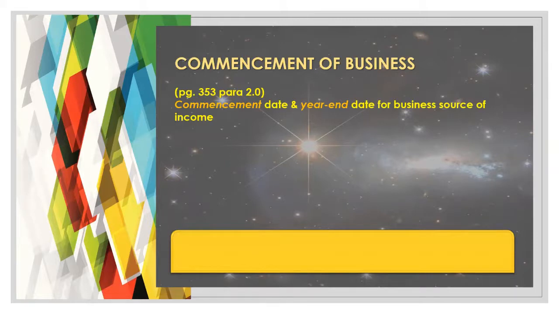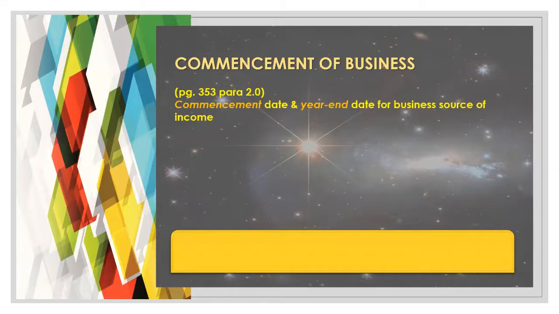In general, it's not the day that you first do your selling activities. Because in order to manufacture, you need to have your raw materials. So the day that you first start to buy your raw material could be the day that you commence your business, or maybe before that.